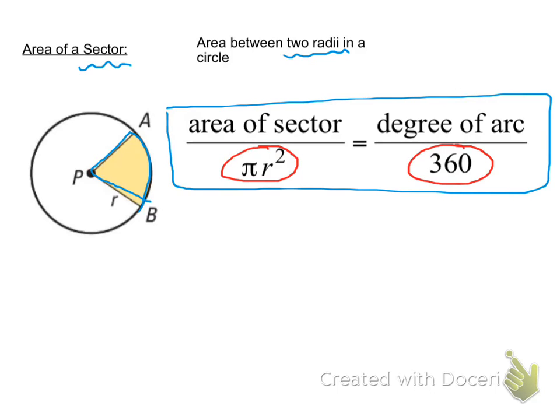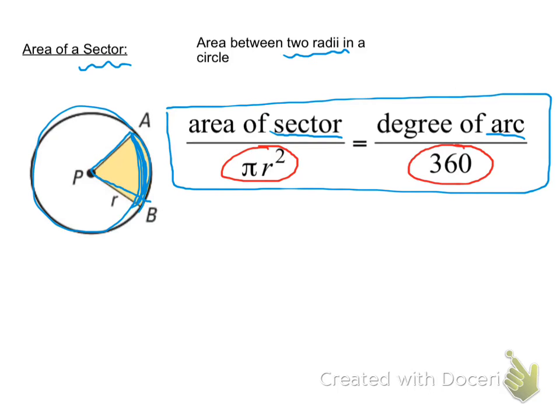We're just going to find a portion of the entire area. So the area of the sector, or the slice, we set equal to the degree of the arc, because the sector here has this arc AB, which is just a portion of the entire 360. So we're going from part to whole equals part to whole for our proportion.